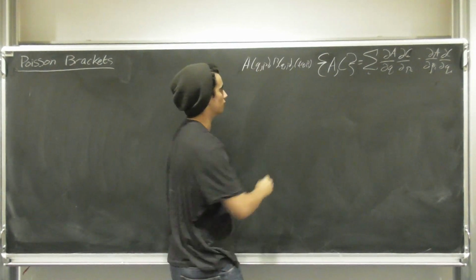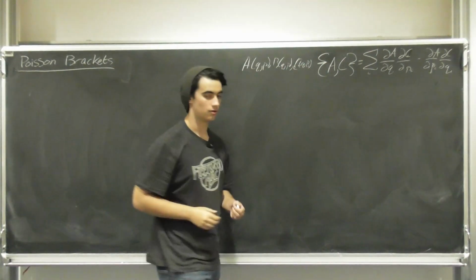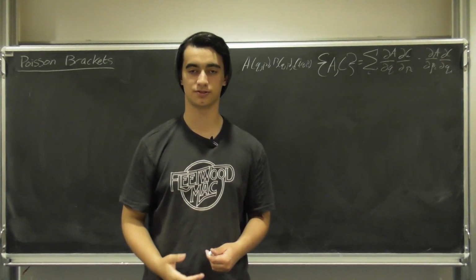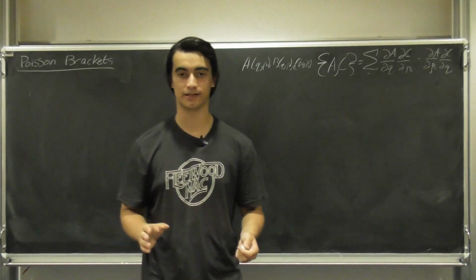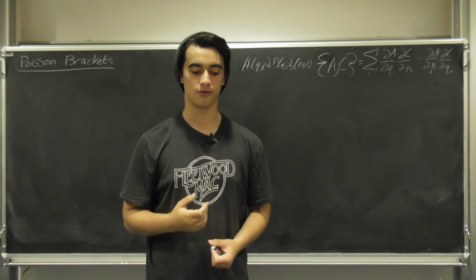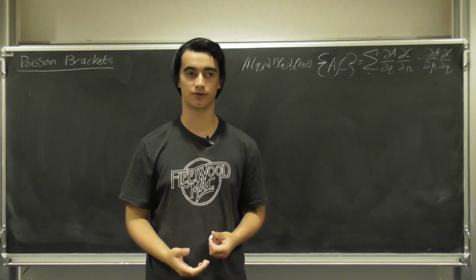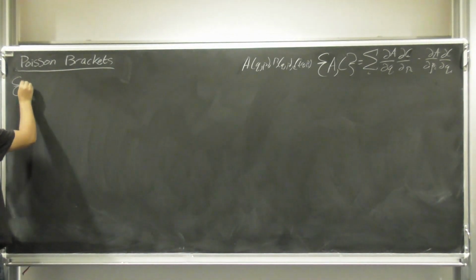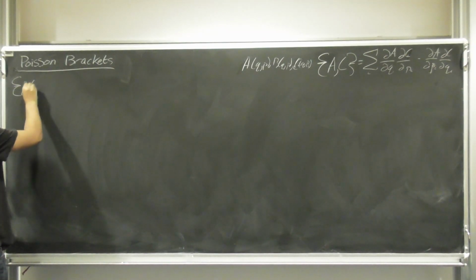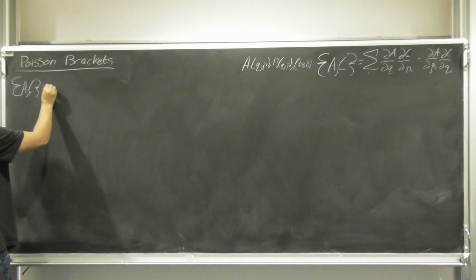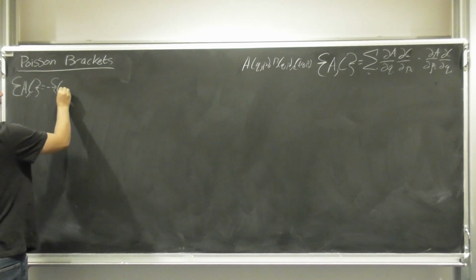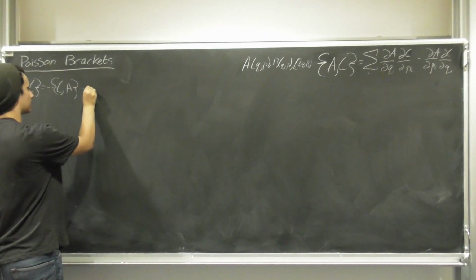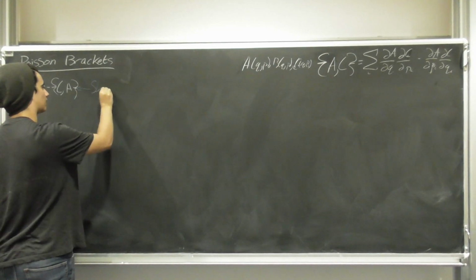What we're going to go through now is just some of the properties of Poisson brackets, and then we're going to ditch the definition completely and see what we can do with it. The first property we're going to look at is that the Poisson bracket of A and C is the same as the negative Poisson bracket of C and A. This is called skew symmetry or anti-symmetry.